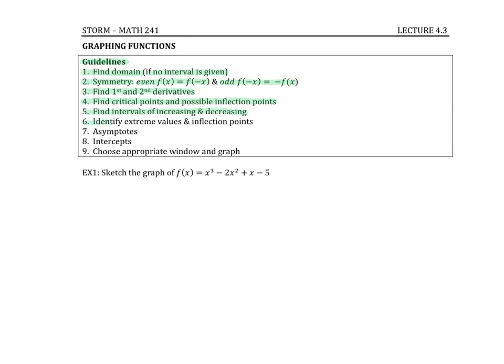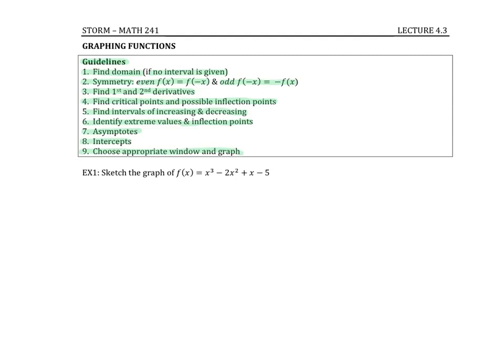We will also identify our extreme values, local and absolute extrema, and inflection points. If that's not enough, you can always look at asymptotes and intercepts. And then the last thing you would do is choose an appropriate window to graph.